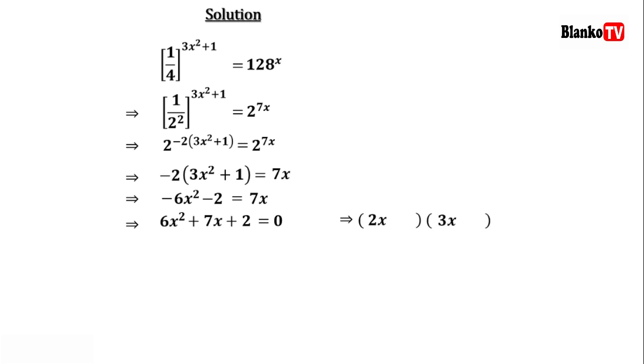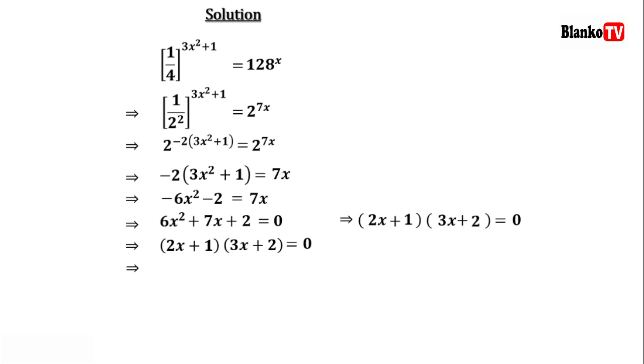Okay, so we find factors of 2 that when we add we'll get the coefficient of x, which is 7. The factors are +1 and +2. So we equate it to 0. We have (2x + 1)(3x + 2) = 0.